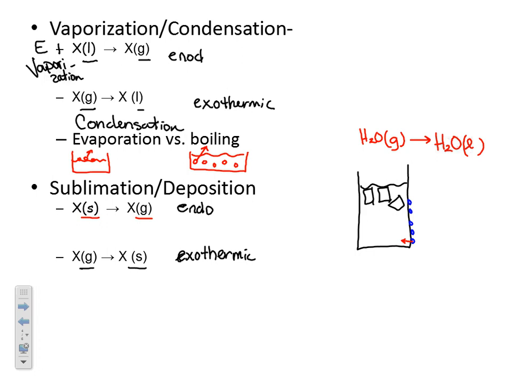And then deposition is something that you're probably a little more familiar with than you know. You just don't know the words. So when we have winter weather and we have snow or frost forming on windows, that is deposition, and that's what gives us the beautiful crystalline snowflake structures. Everyone's their special snowflake.